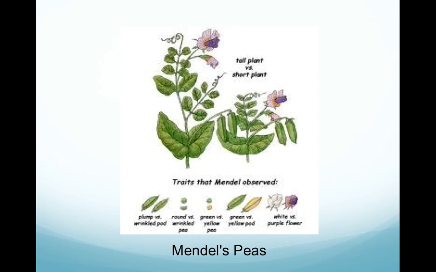He observed characteristics such as stem length, pod shape, seed color, seed shape, flower position, flower color, and pod color. When he crossed parental plants, he observed either dominant or recessive characteristics, but no intermediate ones. The results of his experiments led him to certain conclusions that became the laws of inheritance.